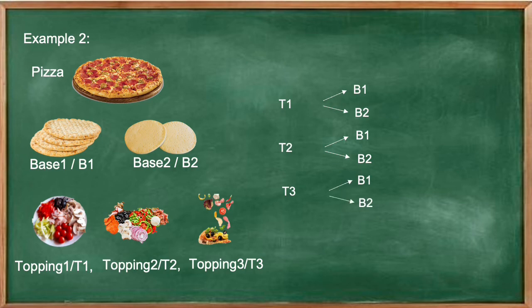So in total, how many different varieties of pizzas do we have? 6 varieties, isn't it? So according to the rule of counting also, total options for pizzas will be m into n, that is 2 into 3, which is equal to 6 ways. So we can order this pizza in 6 different ways.